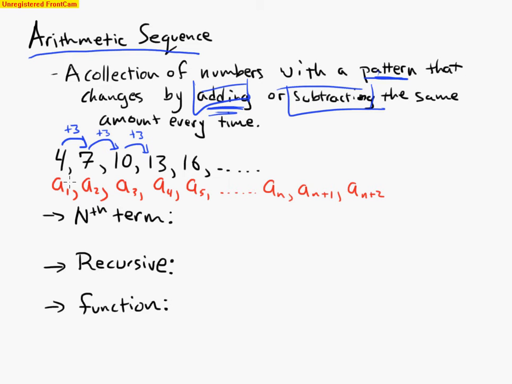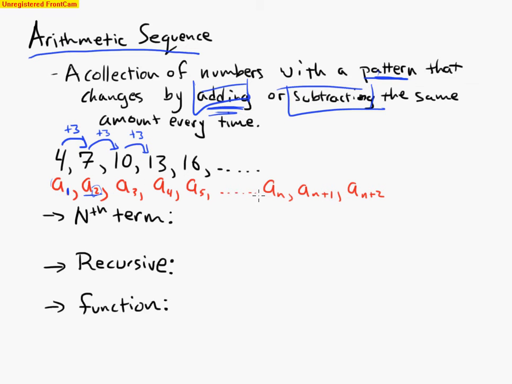My very first term, number 1, a1, is 4. My second term, a2, is 7. My third term, a3, is 10, and so on. So I can name all my terms in this pattern.